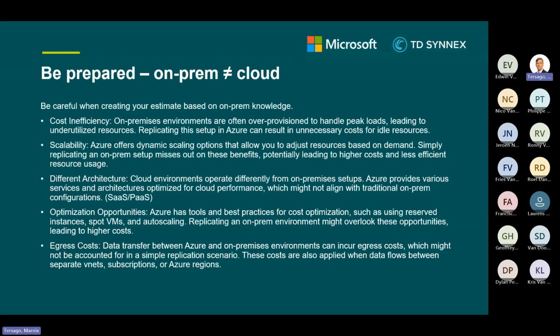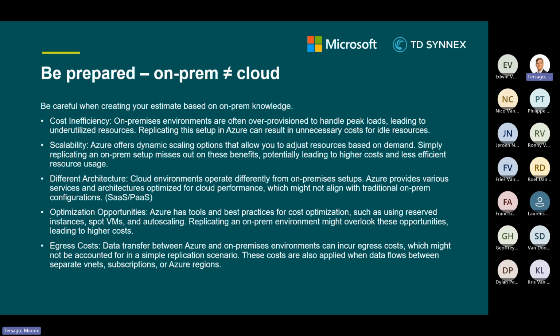So be prepared. What I see a lot with SMB partners is that they replicate virtual on-premise environments in the cloud. This is not always the good way of working because of possible cost inefficiencies. Scalability is different in the cloud.